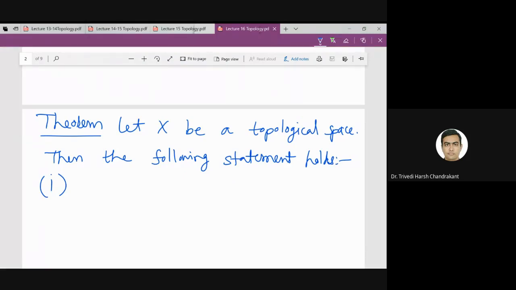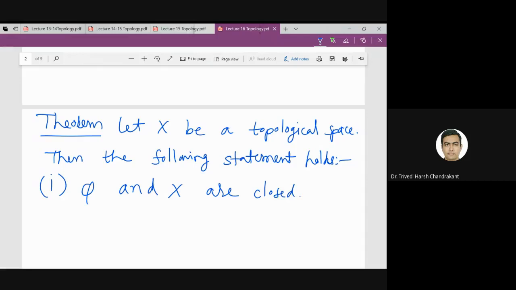So we know the properties of open sets: an arbitrary union of open sets is open, and a finite intersection of open sets is open. So what about closed sets? The first property is that phi and X are always closed.